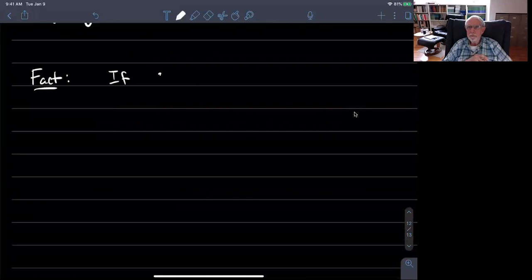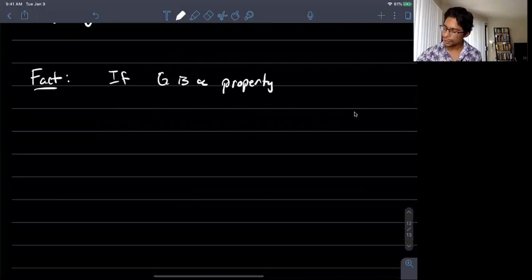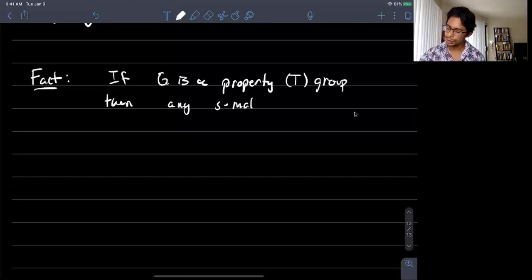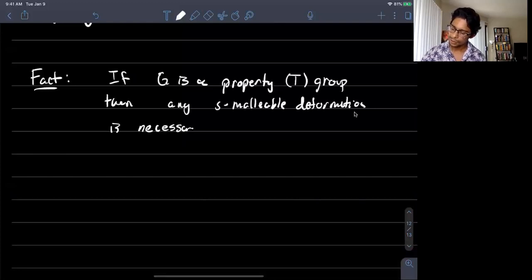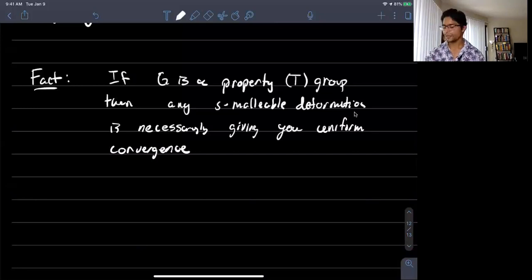If G is a property T group, then anytime you try to construct an s-malleable deformation, it is necessarily giving you uniform convergence, in the setting, the setup that I had above.